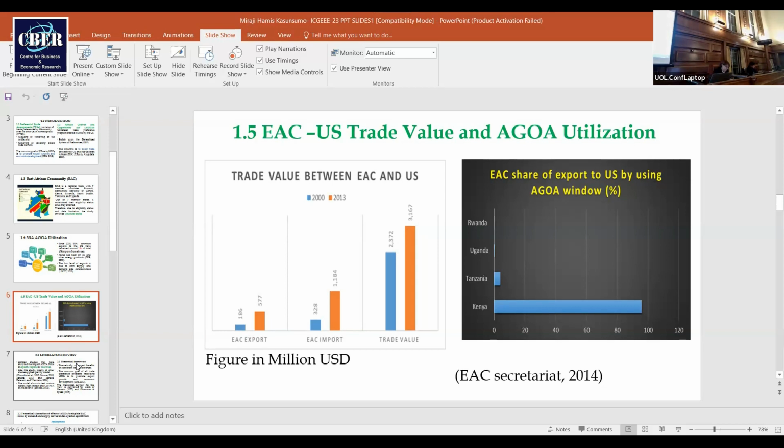This makes a trade imbalance between the US and EAC. Also, the share of exports to the US is not equally shared among the members. You can see on the graph, Kenya dominates with 96%, followed by Tanzania with 3%, then Uganda 0.6%, Rwanda 0.4%.